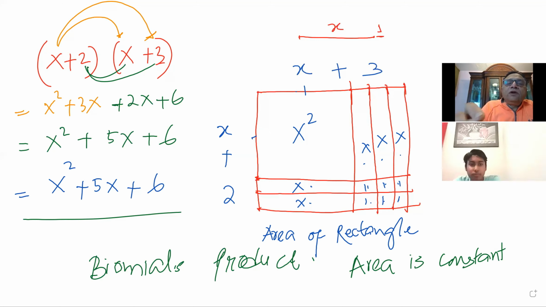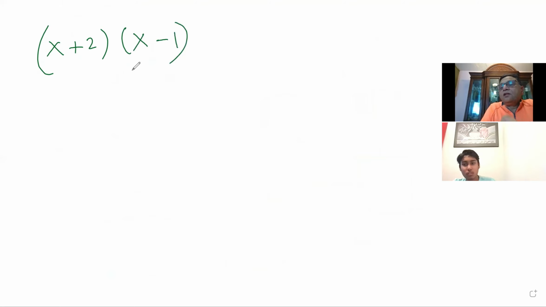Now, we could also use signs. So that means we could do it with product signs, you understand? Let me take another example, let me clear the screen. Now we will do x plus 2 times x minus 1, let us say. Now, how do we do minus 1 with the area?